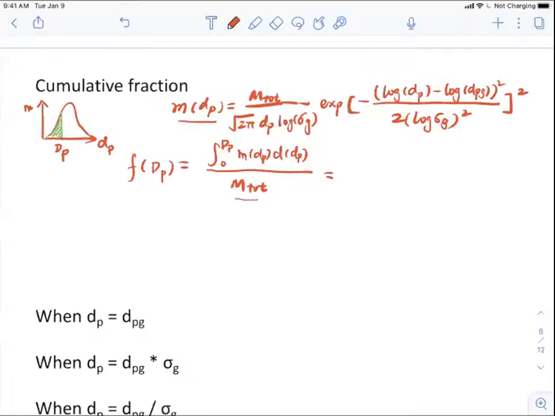So we just integrate this size distribution below the size of dp, and then divide that by the total mass. Okay, so what people find out is that the log normal size distribution has a very special property. After you do the integral, you find that the answer is very simple.